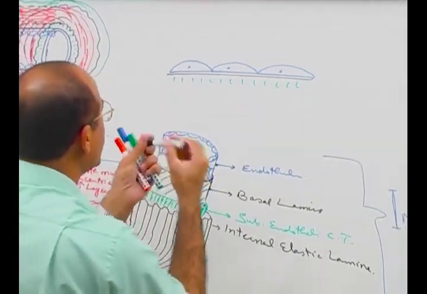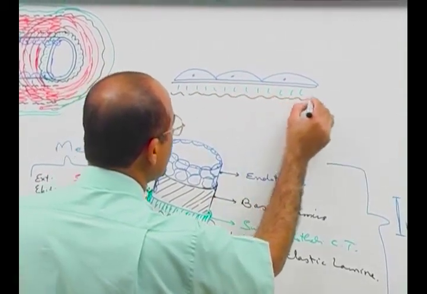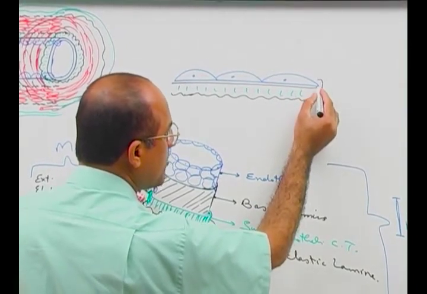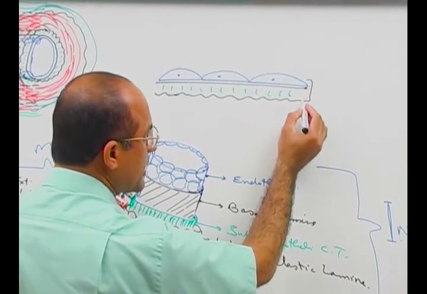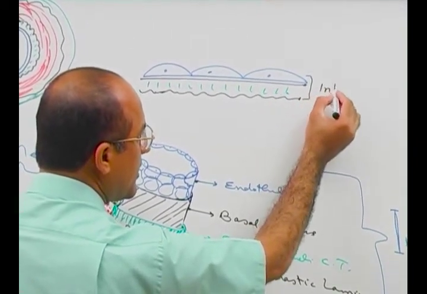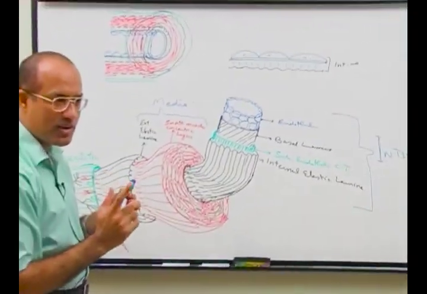And then your beloved, what is this? This wavy internal elastic lamina. These three layers, endothelium with basal lamina, subendothelial connective tissue, and internal elastic lamina, all of them are intima.